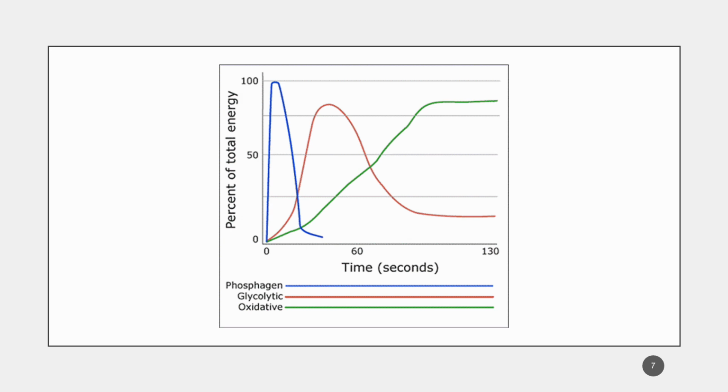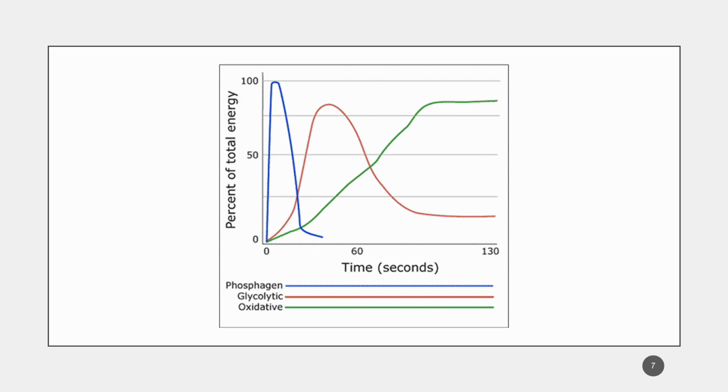What you see here is the overlapping of these three energy systems. We never simply have just one energy system on at one point. All three energy systems are always on. It just depends on the activity as to which energy system is predominantly providing energy at that moment in time. The phosphagen, or ATP PCR system, always turns on first, no matter the activity.